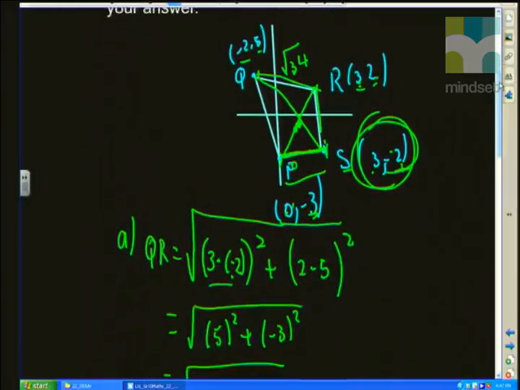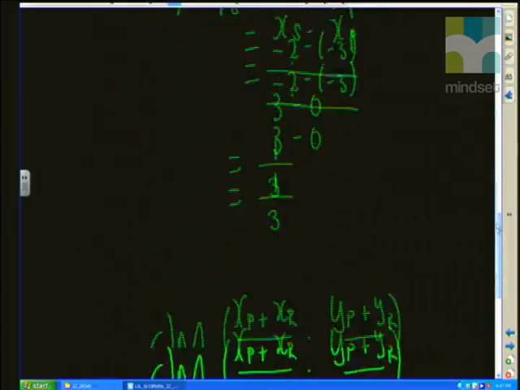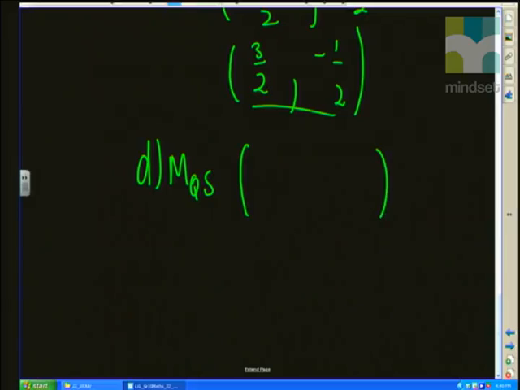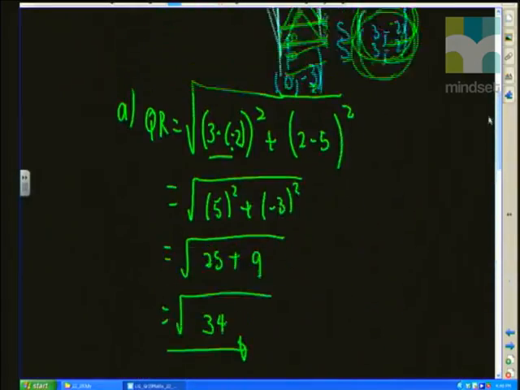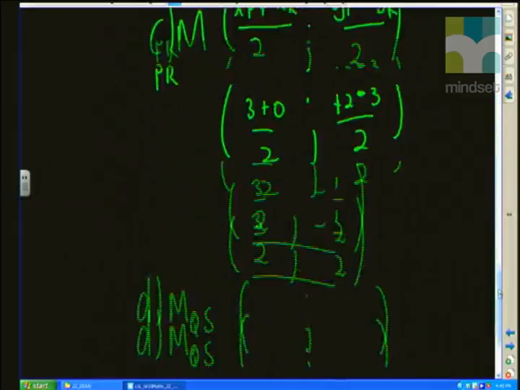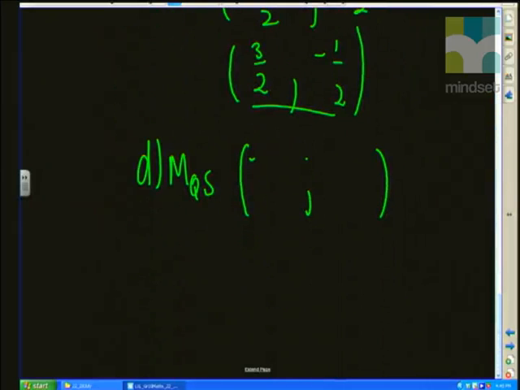All right. So all I'm going to do is work out the midpoint of QS. And obviously, if that's not the same as the one we've just worked out here, then this is not a parallelogram. Okay, so QS, I'm going to say minus 2 plus 3. I'm working out the midpoint, so it's the sum of the x values, minus 2 plus 3 divided by 2.